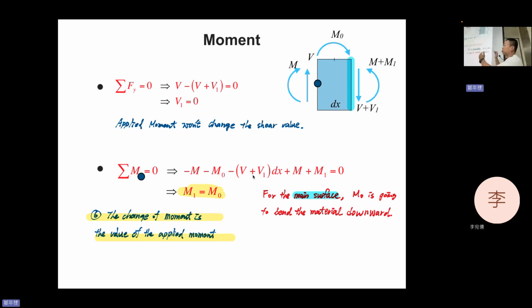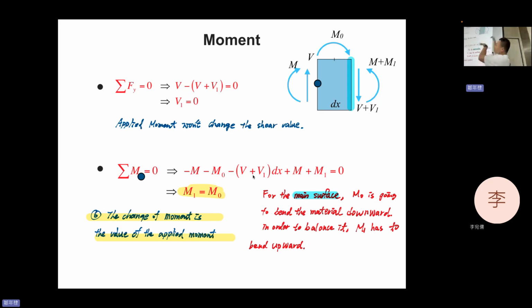So you can imagine that this one is going to make it downward, right? It's a crying emoji, okay? But in order to balance it, the M1 has to bend upward, right?